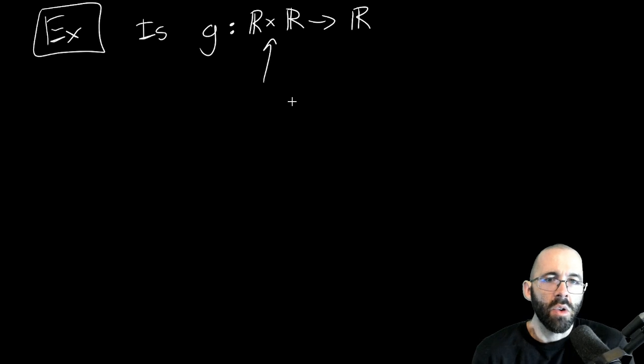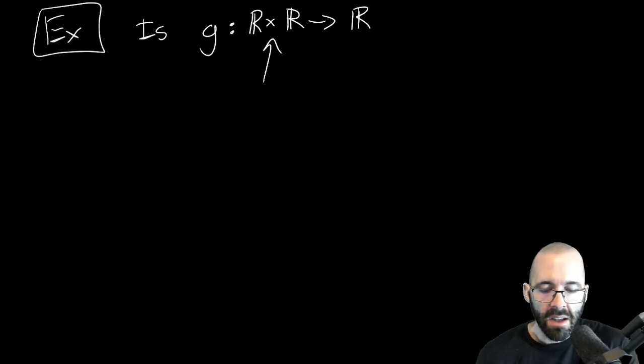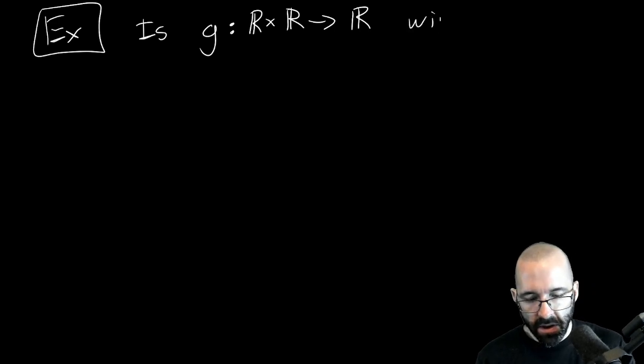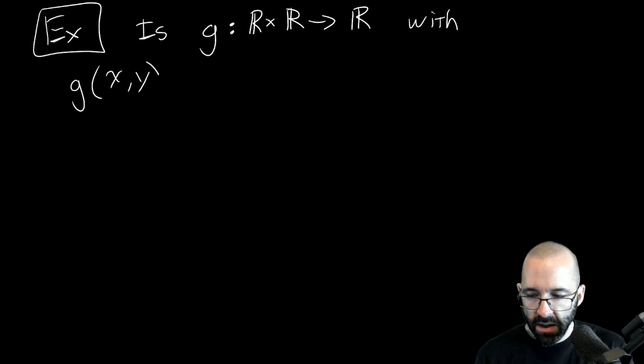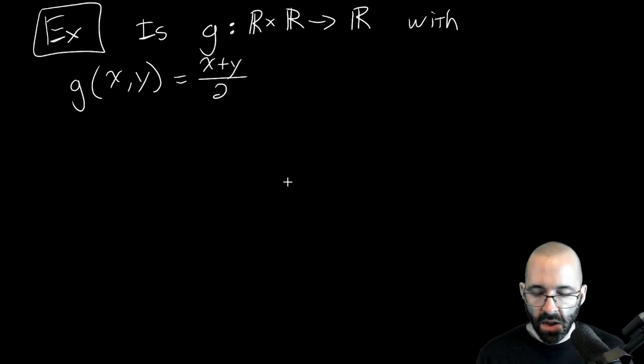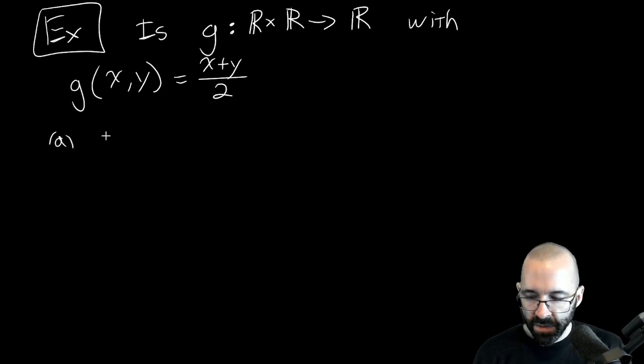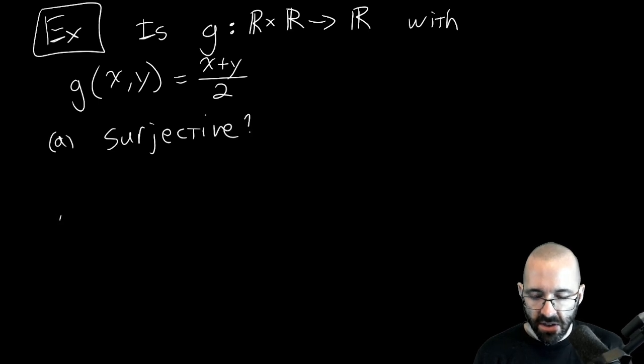So this is just an ordered pair of real numbers. That's all this is saying. The input is an ordered pair of real numbers. All right. With G of x, y equaling (x plus y) over 2. All right. So my question to you, is this surjective and is this injective?